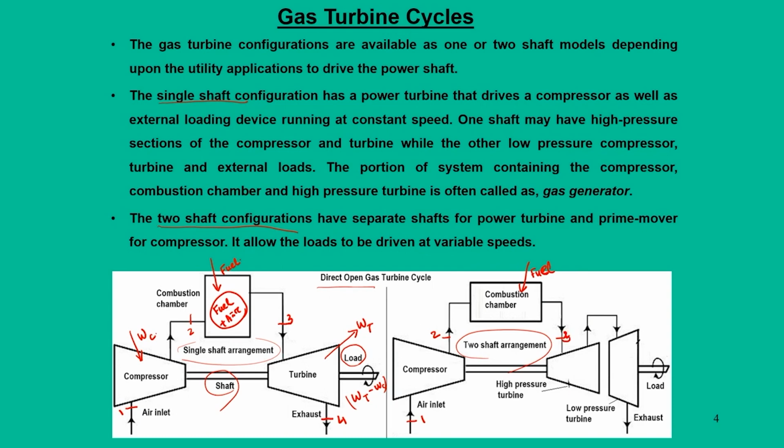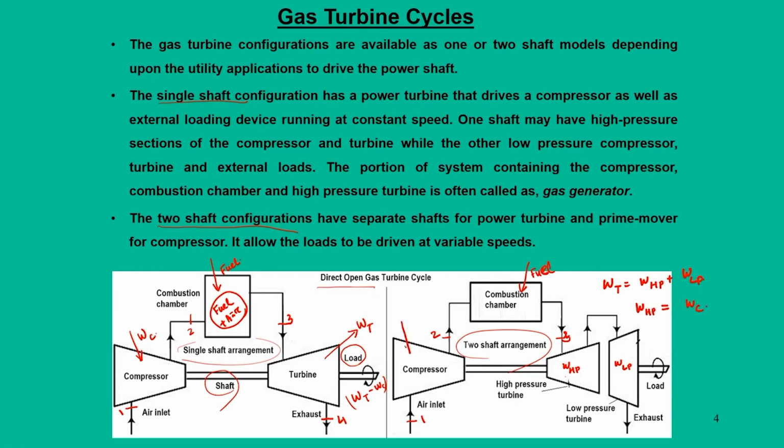Now, here we have changes. First, we have a high pressure turbine and a low pressure turbine, and the high pressure turbine produces power just to drive the compressor. So we have two turbines, W h p and W L p, the high pressure and low pressure turbine work. The total power from the turbine is W h p plus W L p, and W h p is equal to W c.